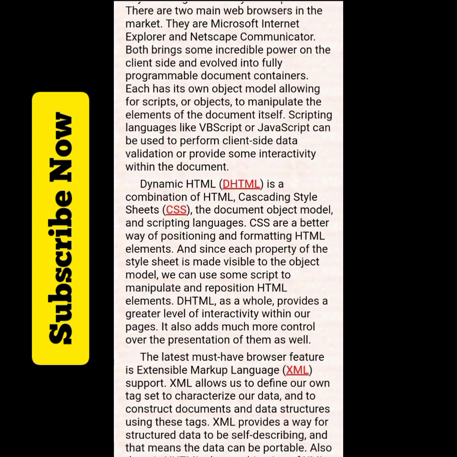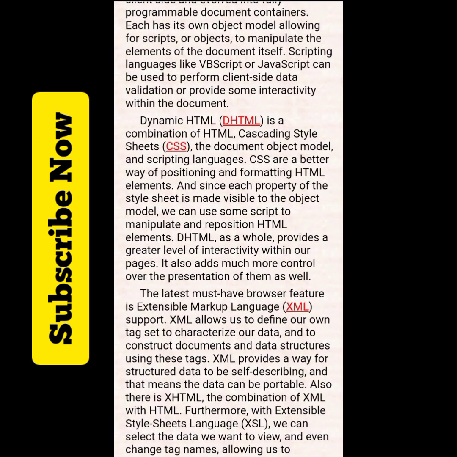Here different technologies are used in web computing, like dynamic HTML. DHTML is the combination of HTML, cascading style sheets like CSS, the document object model, and a scripting language. CSS is a better way of positioning and formatting HTML elements, so we know that CSS is used for designing and HTML is used for the formatting of the web page.